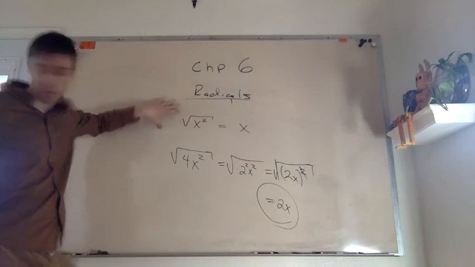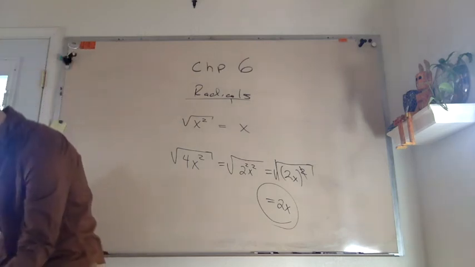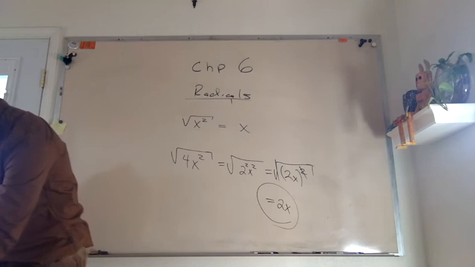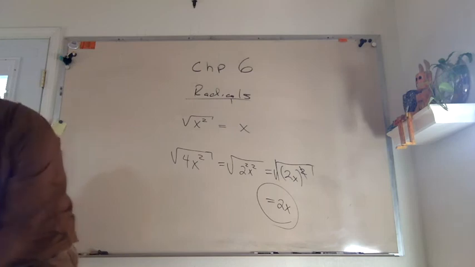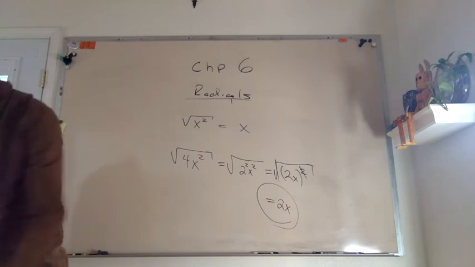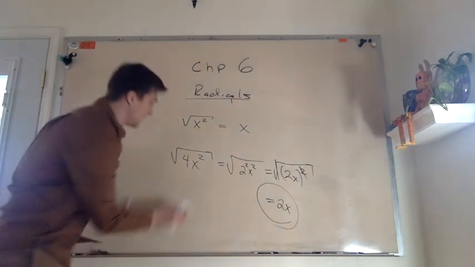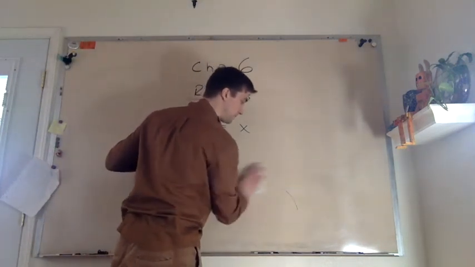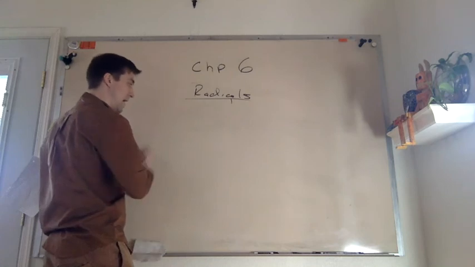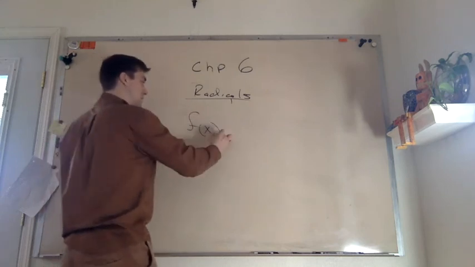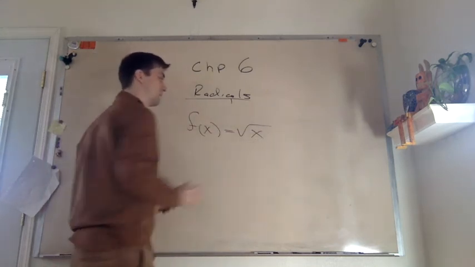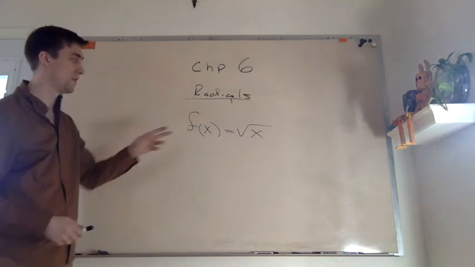Okie doke. So let me just make sure now we can toss some things into chapter 6 for the homework. A couple more things that I wanted to put on the homework is now looking at this type of thing. So this is a function.